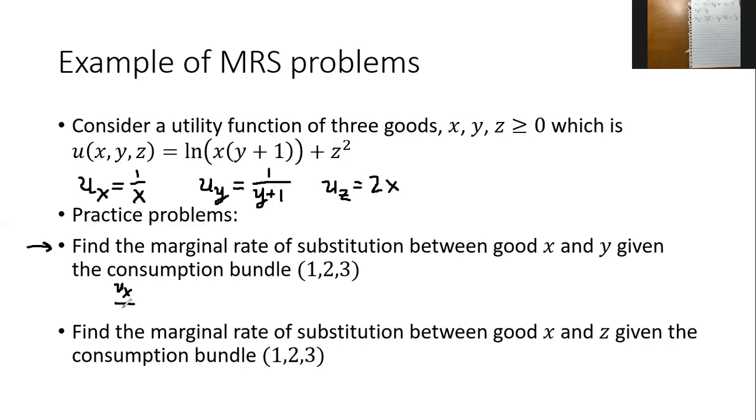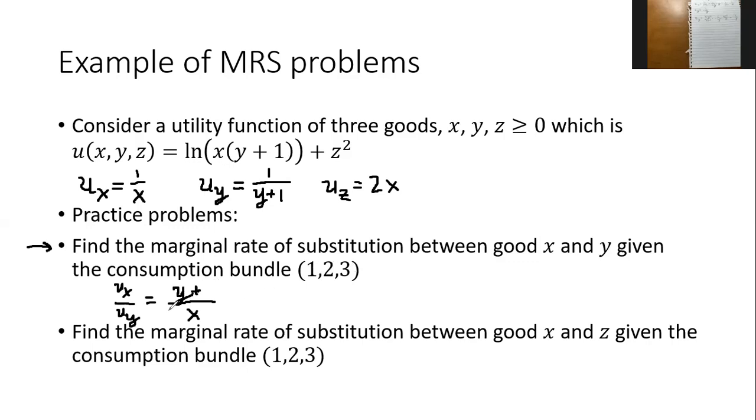Ux over Uy, here's where we figure out if I have enough space to annotate on this PowerPoint slide. Ux over Uy is going to be a fraction. The denominator is going to be X because that comes from Ux. But the numerator is going to be Y plus 1 because 1 over Y plus 1 is simply Y plus 1 when you flip it.